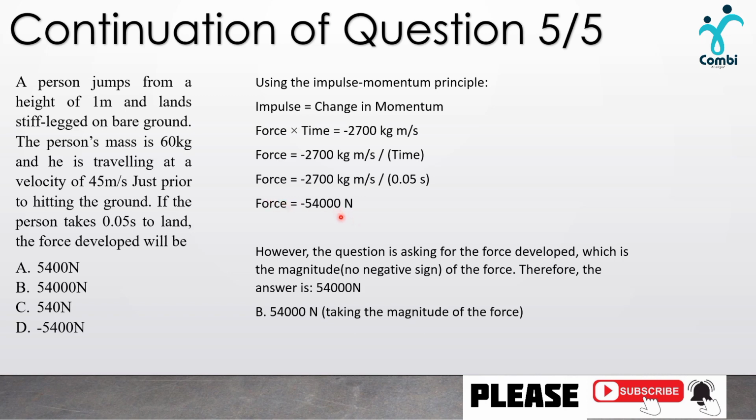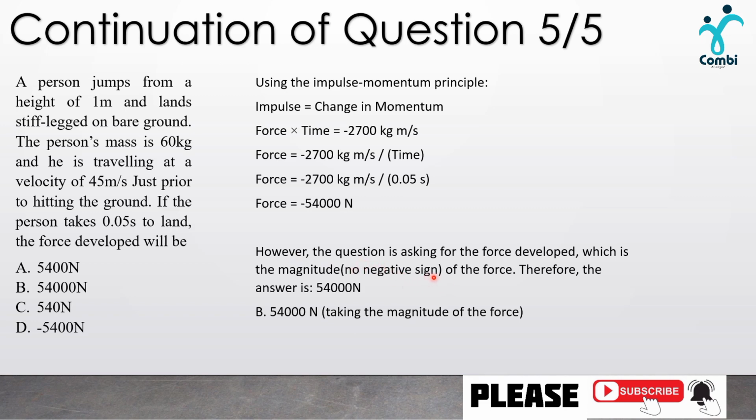Sorry, negative 54,000 newtons. Now, if your force has given you negative 54,000 newtons, and they just ask for the force developed, what comes to your mind? They didn't ask for the force and the direction, whether it's coming down or going up. The question is asking for the force developed, which is the magnitude, meaning you just give the value without a negative sign.